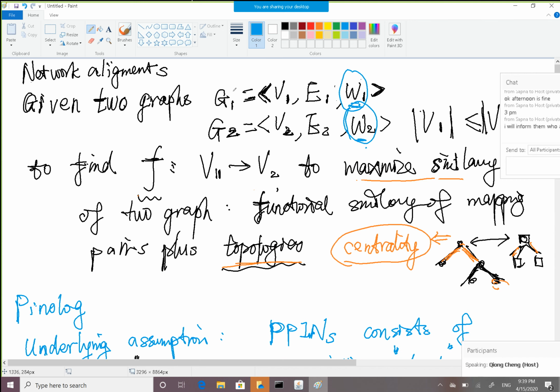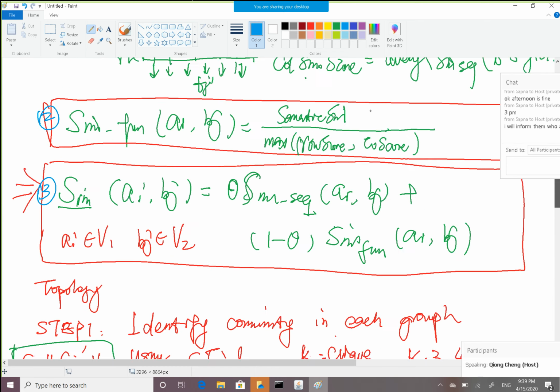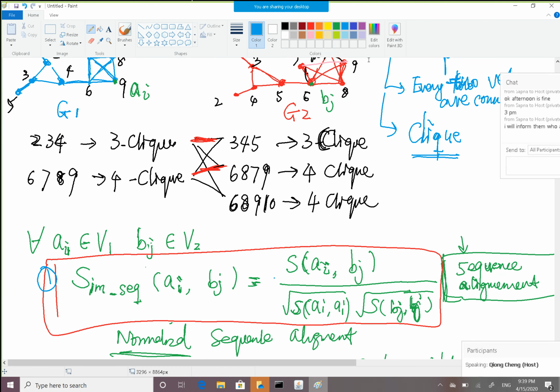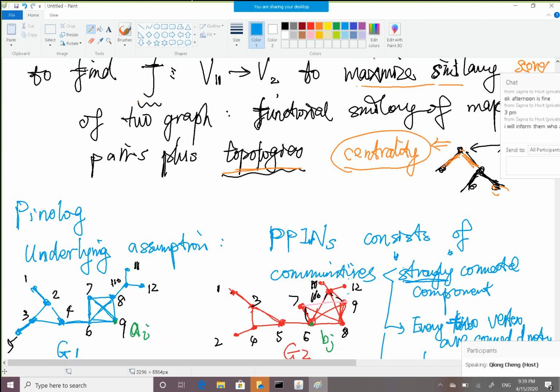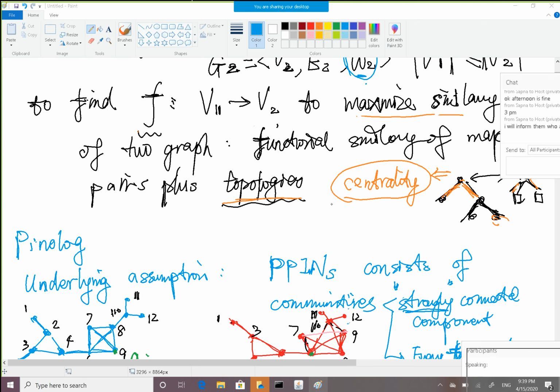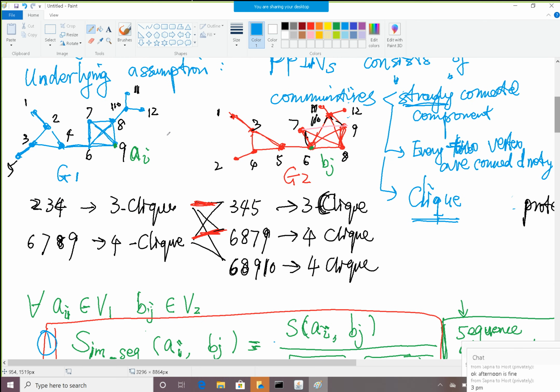Okay? And also in this paper, since this is about communities, take a look at this one, right? When you find the communities, take a look at this one. In graph 2, we still have 3 cliques, 3 communities. And you may find that these two appear in the 2 communities.